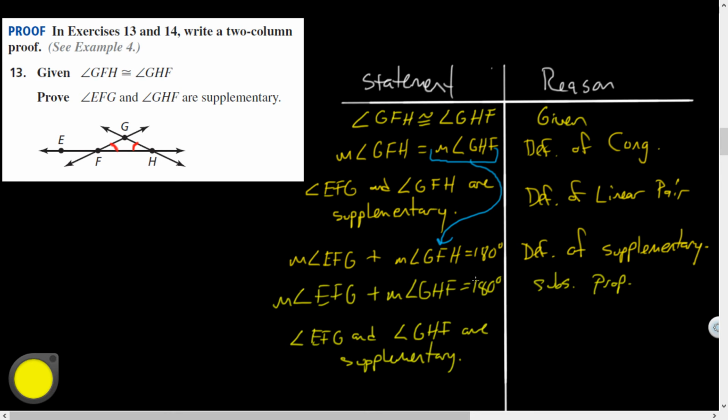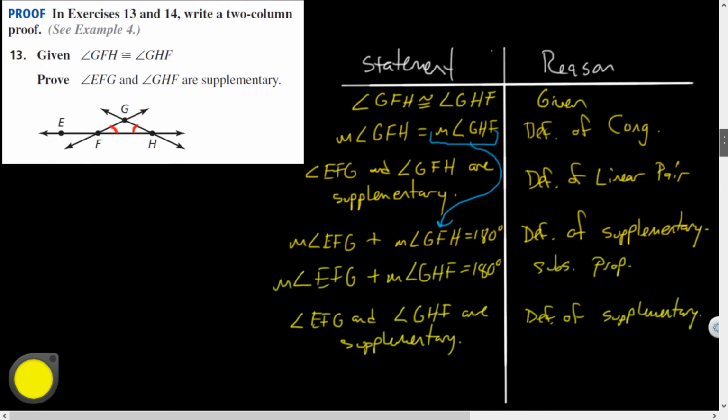And the reason that would be true is I used it backwards over here, and I'm going to use it forwards here: definition of supplementary. Not that bad. So remember, definitions are biconditional. I can use them forwards or backwards because their converses will also be true.